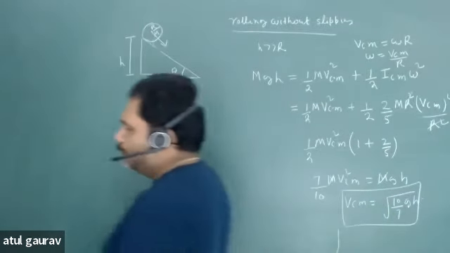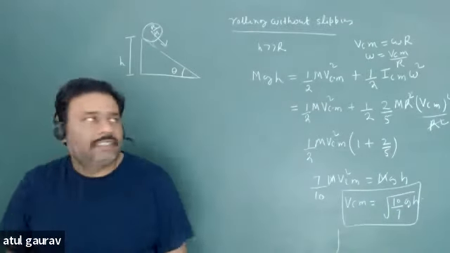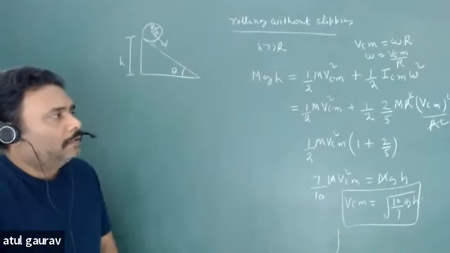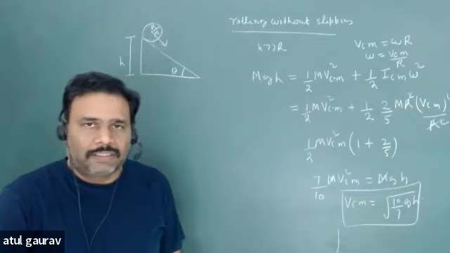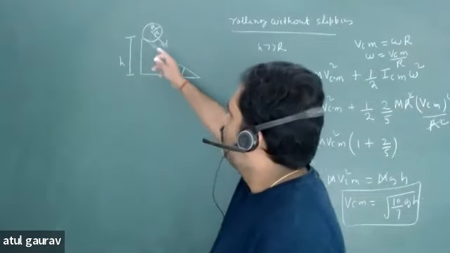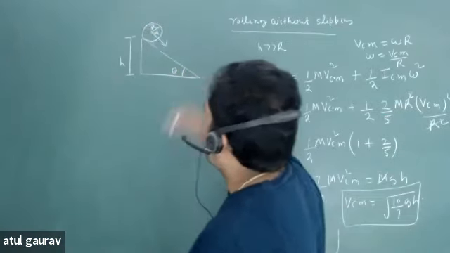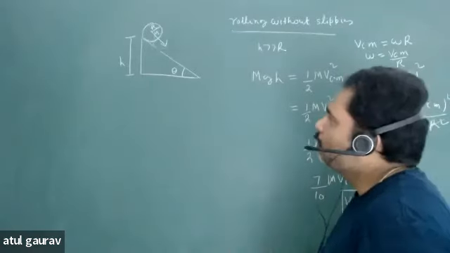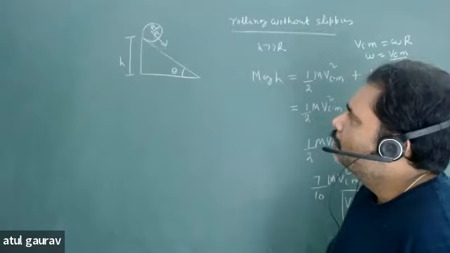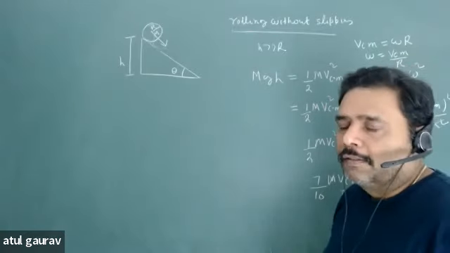So you can see the role of moment of inertia, the role of rotational dynamics. Suppose this will just slide down, then what will be the velocity? Not doing rolling without slipping.